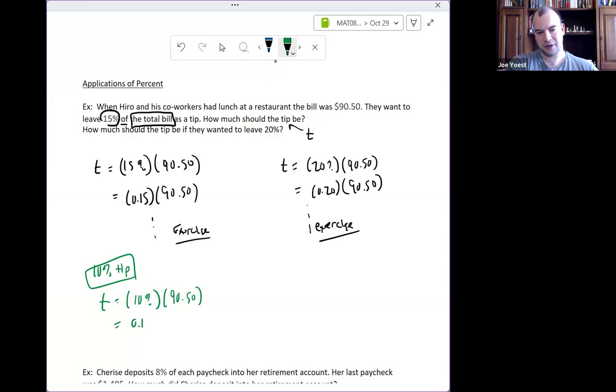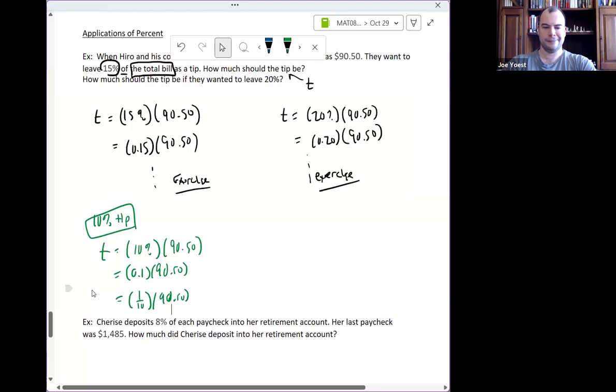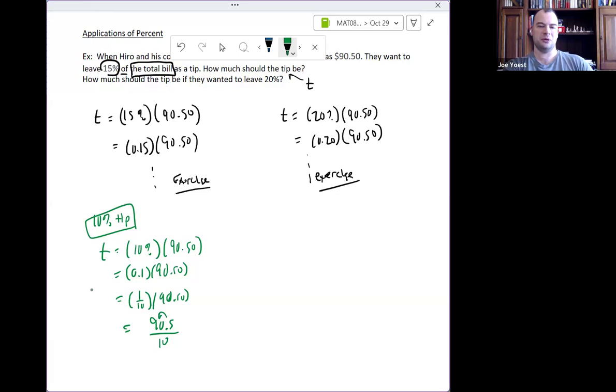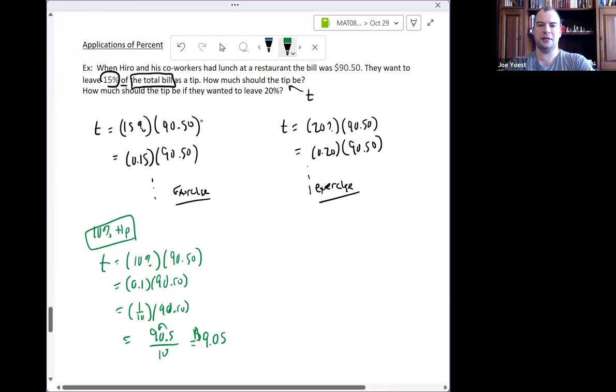That's just 0.1 times 90.50, or that is 1/10 times 90.50. Well, I see that 90.5 over 10, that over 10 just moves the decimal point 1 to the left. So if I wanted to leave a 10% tip on a $90.50 check, I would leave $9.05.